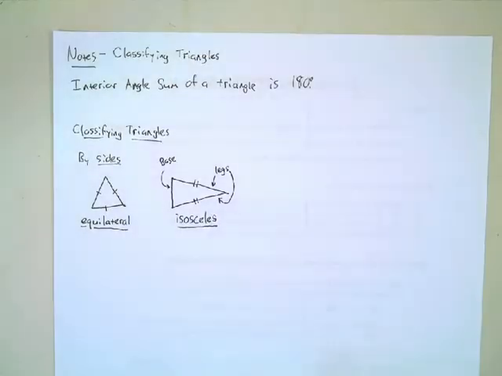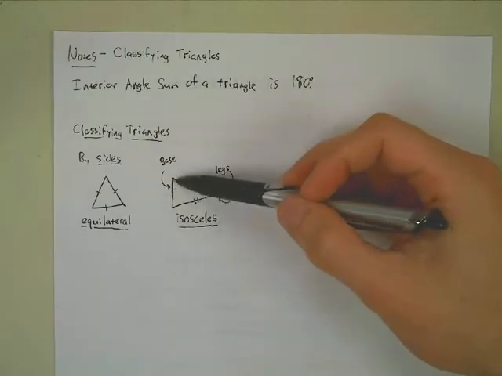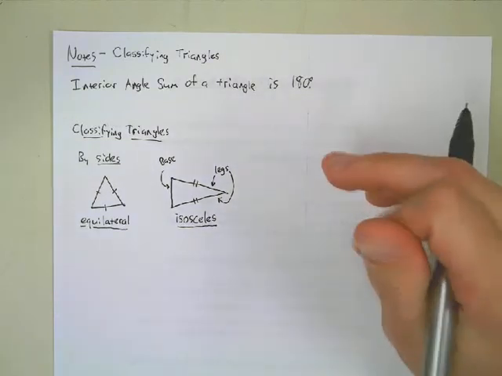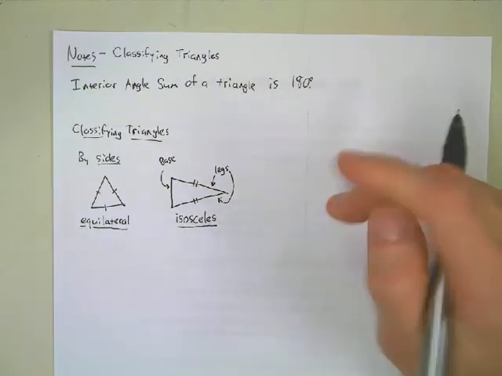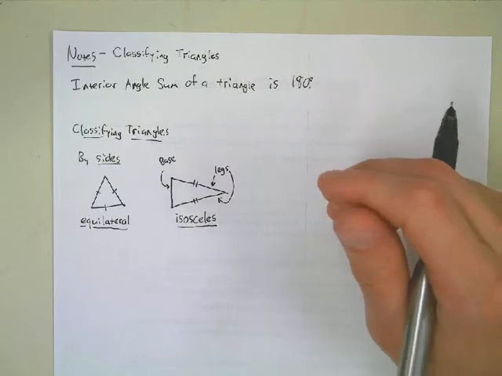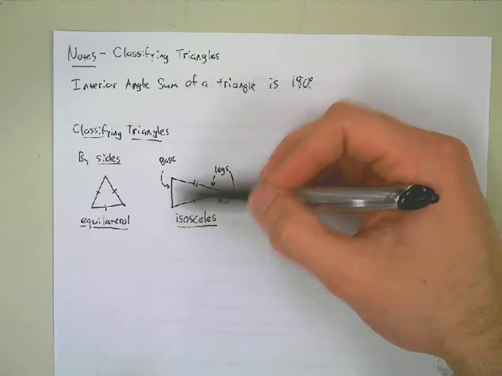Some of you may look at this and say, Mr. Meyer, that's not on the bottom, why do you call that the base? We have to get away from the idea that the base is always the bottom of the shape. If we turn the shape, the base moves with it. So the base in the isosceles triangle is just the non-congruent side.